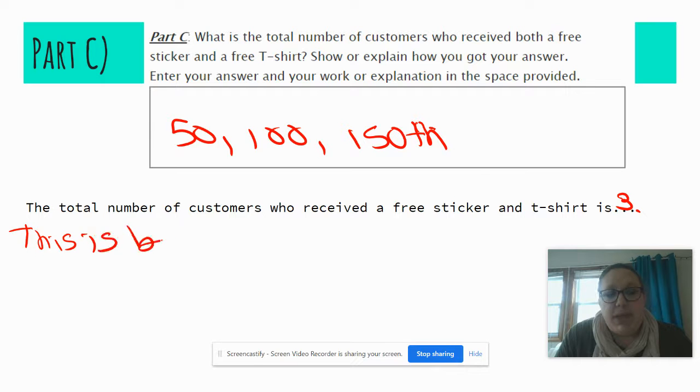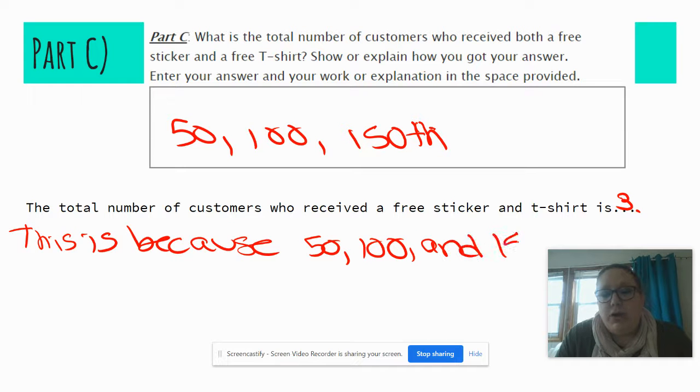This is because 50, 100, and 150 appear in each list.